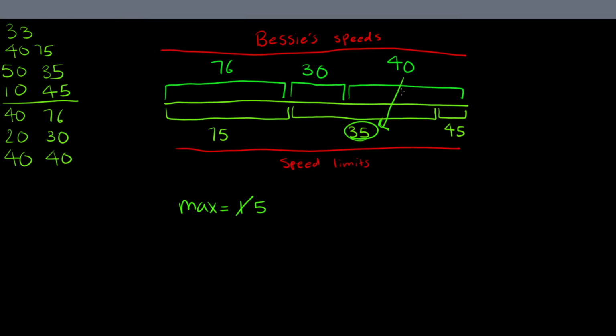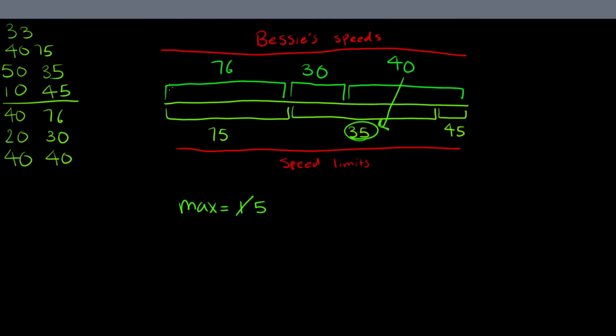But if you haven't, what we're going to do here for our code is create two arrays. The first array, rather array lists. The first array list will be Bessie's speeds right here, and the second will be the speed limits. And we'll make each of these array lists have 100 elements, because the road is 100 miles long.